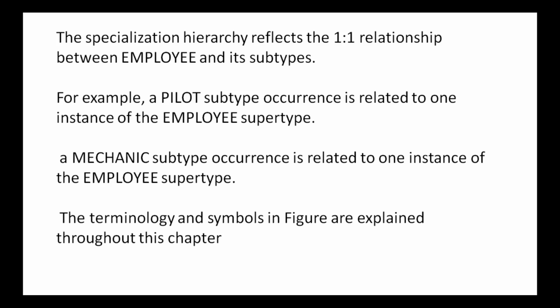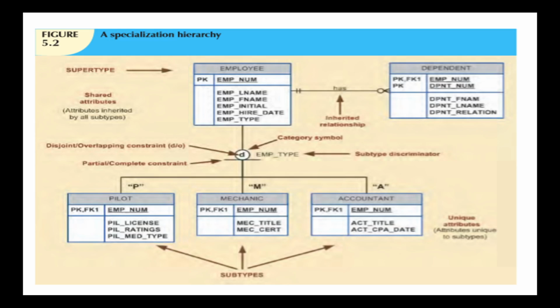That means each employee may be a pilot, or a mechanic, or an accountant. Because of the one-to-one relationship, all entity subtypes contain the supertype primary key as their primary key, as well as the foreign key. In pilot, employee number is a primary key and also a foreign key.